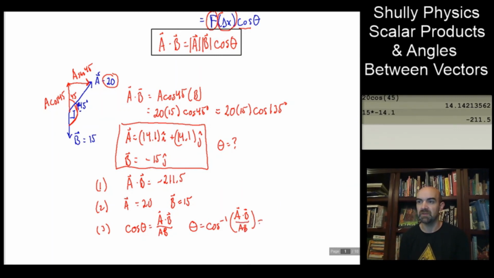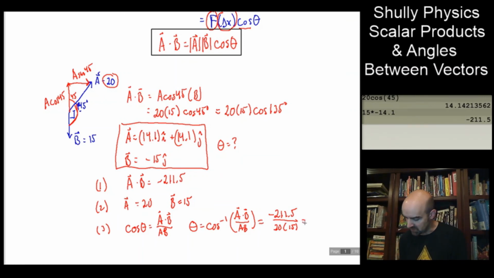So let's check that out, see if it works. We should get 135 degrees. If I plug in a negative 211.5 for the A dot B, and then down here we're going to get 20 times 15. And try that on the calculator.